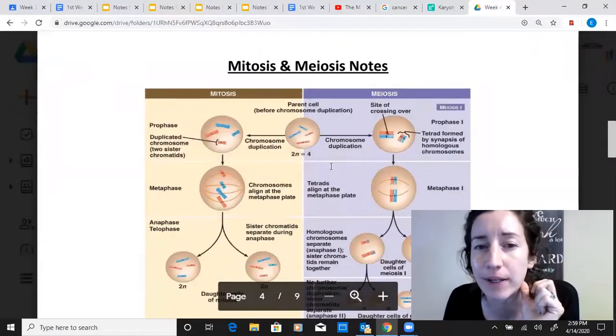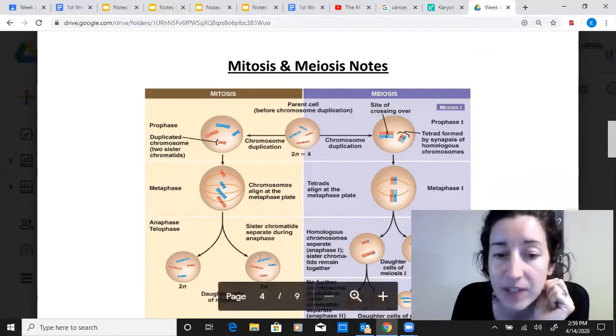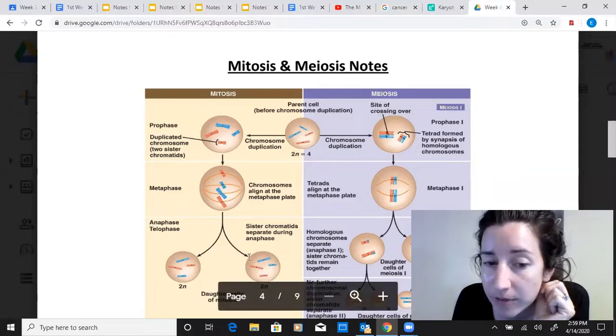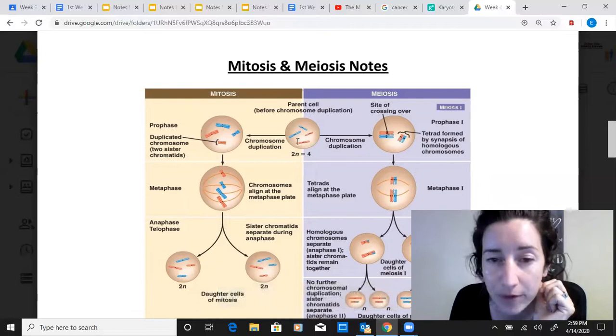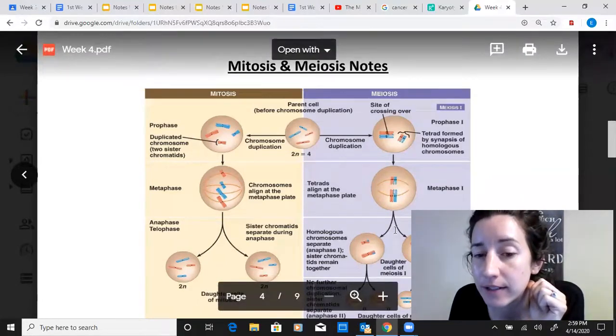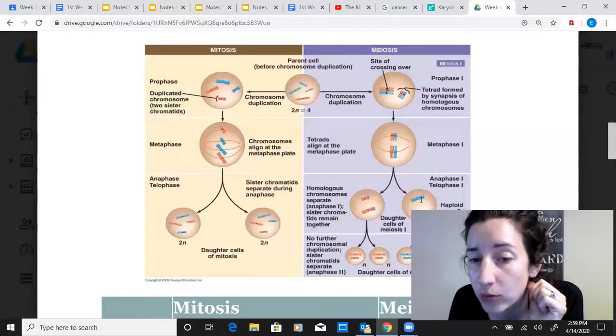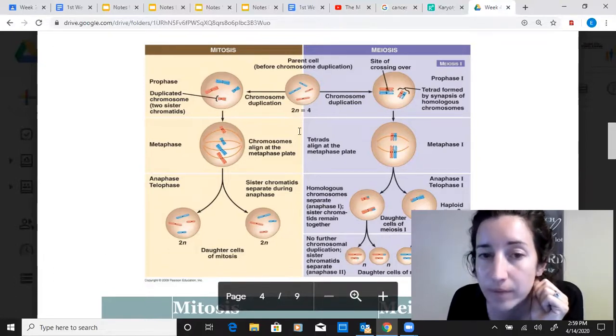Okay, mitosis and meiosis. So mitosis was taking that one cell and dividing it into 2 identical daughter cells. How much DNA do we have right here? 4. How much did we start with? 4. Okay, meiosis, we're going to split into 2, and then we're going to split it into 4 here. How many chromosomes do we have in this cell? 2.